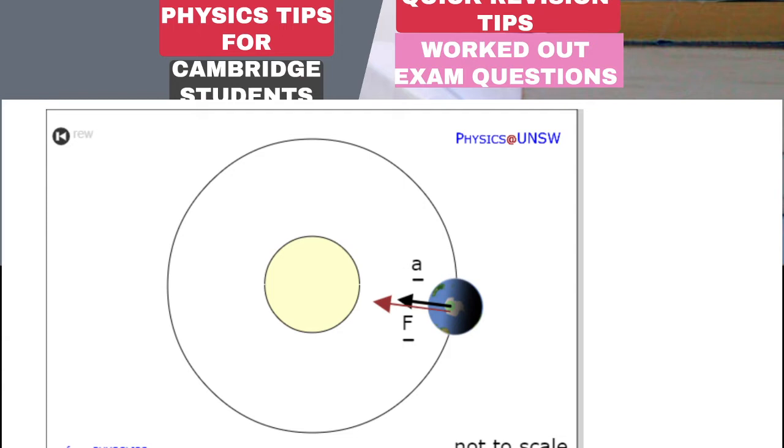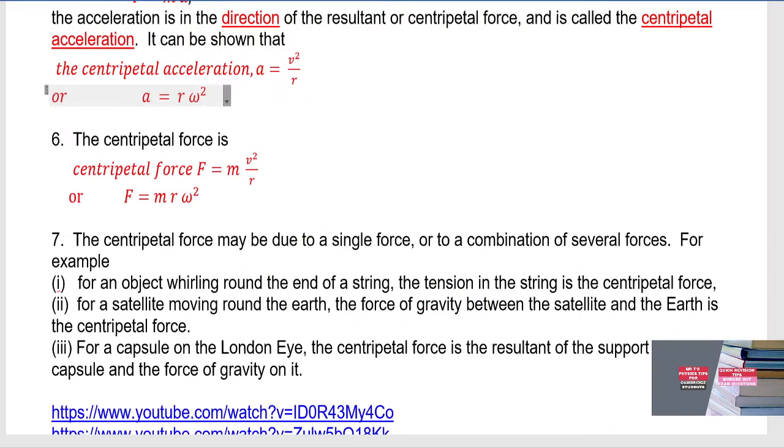As it orbits around the Sun, we have the force of gravity between the two giving rise to this centripetal force. Now, for a capsule on the London Eye, the centripetal force is the resultant of the support on the capsule and the force of gravity on it.